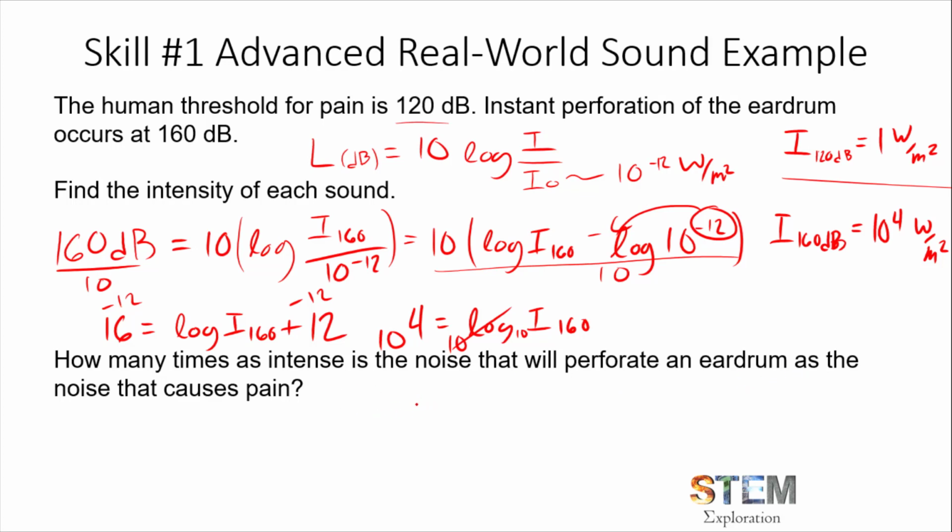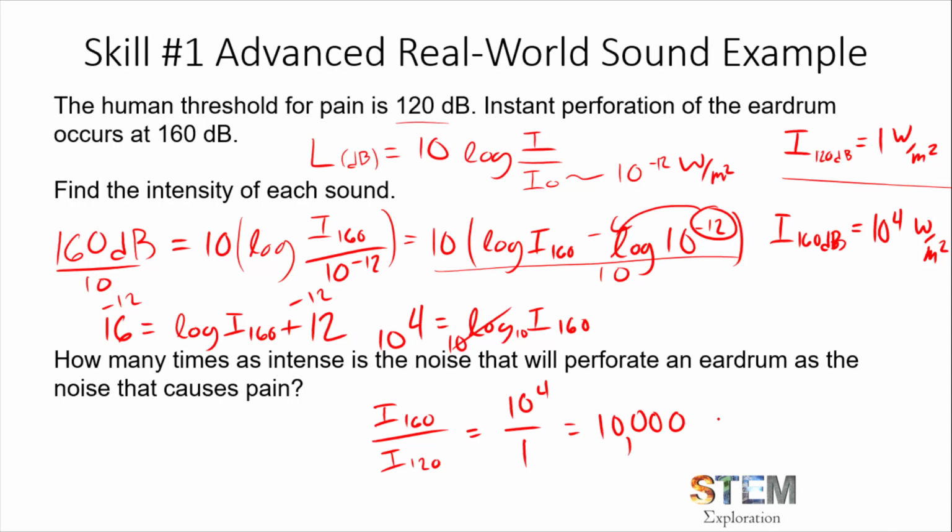And what I'll see is that if I want to compare the intensity at 160 decibels over the intensity at 120 decibels, I will see that 10 to the 4th power divided by 1 is equal to 10,000.